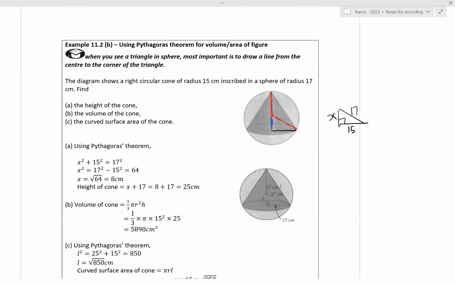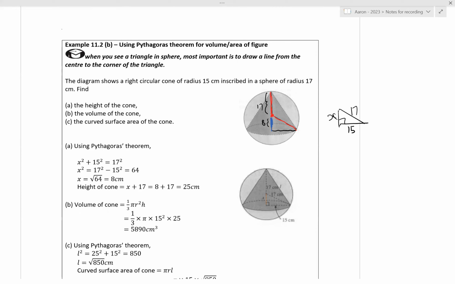Then from there you work out your value of x, which is worked out to be 8. Once you have found your value of 8, the height of your cone is this blue portion here, which is 8, and this red portion here, which is 17. So you take 8 plus 17, you get 25. That's how you find the height of the cone.